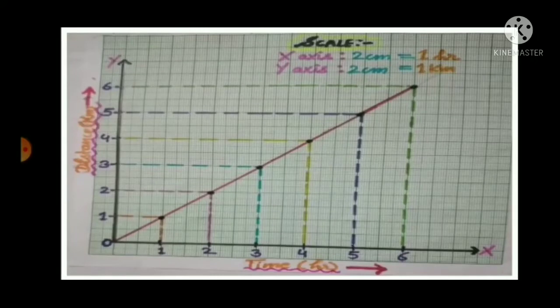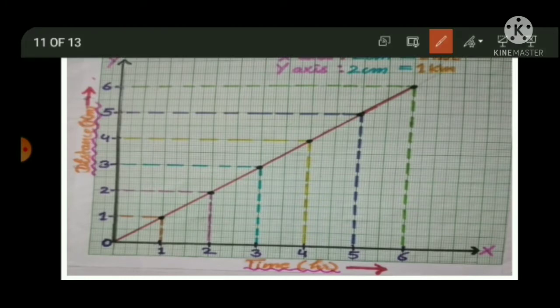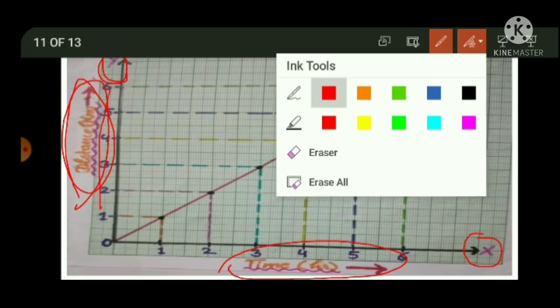Here is an example of a line graph. As you can see, on the y-axis I have written distance, and on the x-axis I have written time, with time in hours and distance in kilometers.